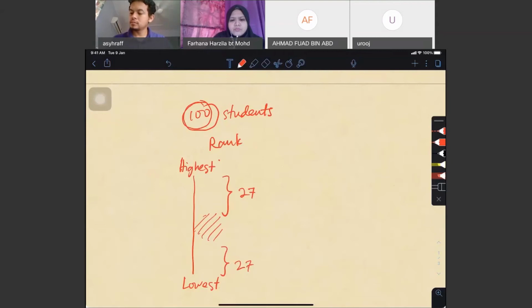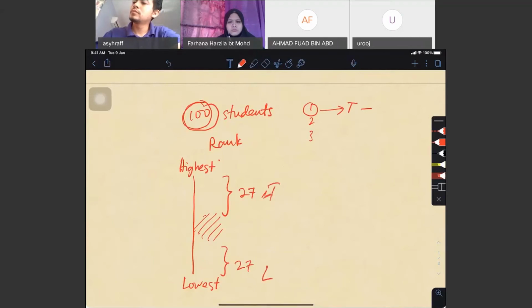So when we have this information, we now go question by question. Question 1, question 2, question 3. Let's take question 1. So for question 1, we will look at the good group, the top group. How many of the students from the top group get the question correct, and we minus how many students from the bottom group got the item correct.